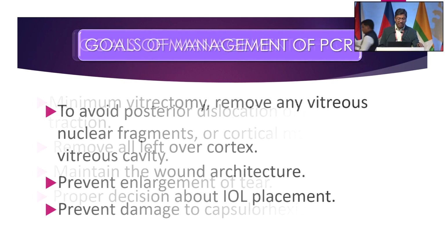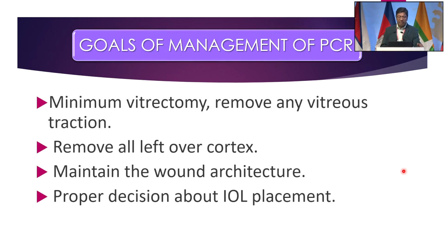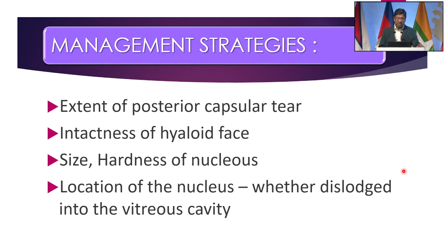In addition to this, we must try and do minimum vitrectomy to remove all traction, remove all leftover cortex, maintain wound architecture. Proper decision about IOL placement is also equally important. So we follow certain strategies.